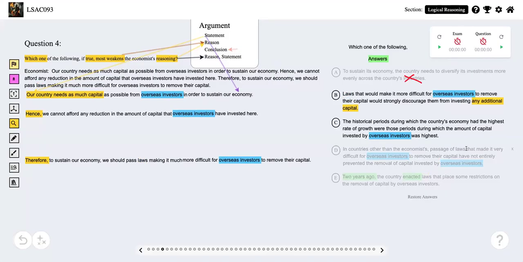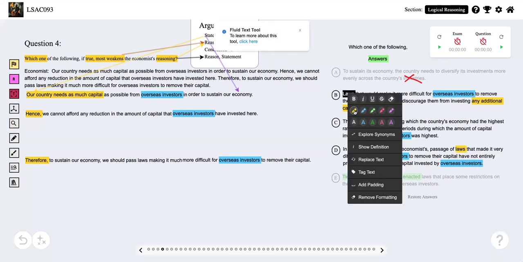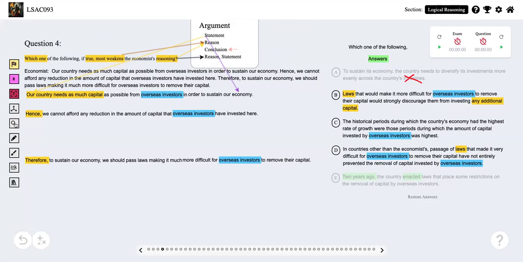Oops, let me deselect that. So we have laws here, and we have laws here. I think these are the only 2 places where we see in our conclusion the word laws.